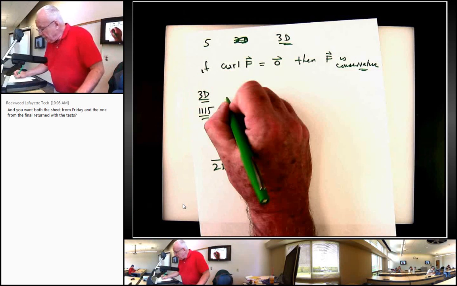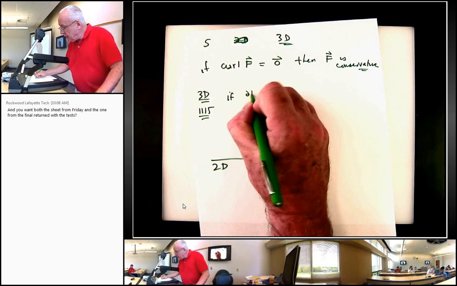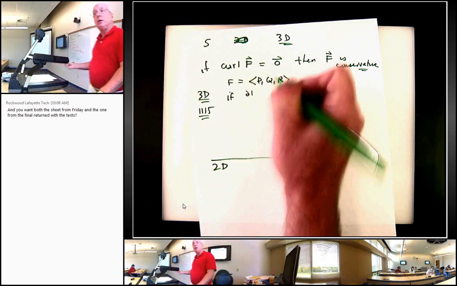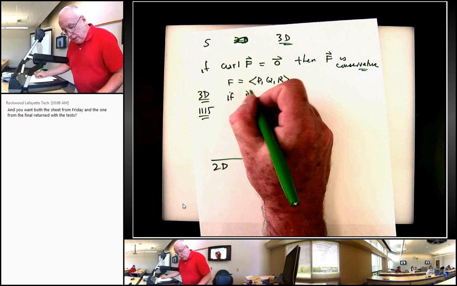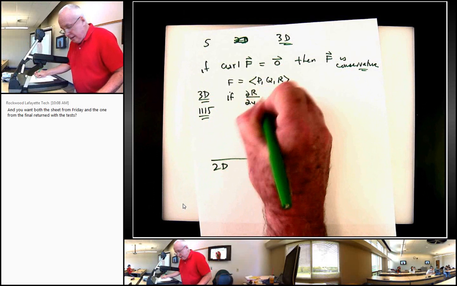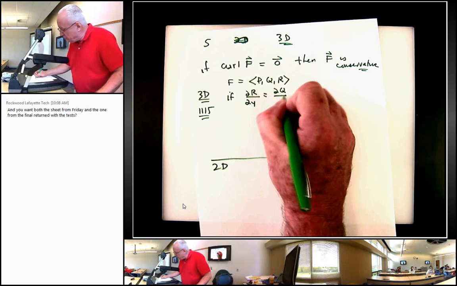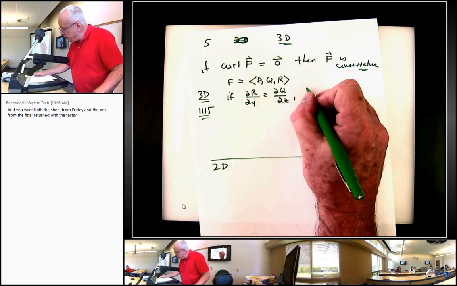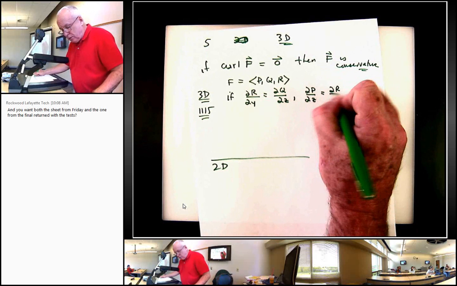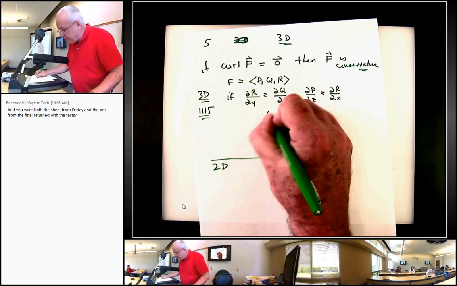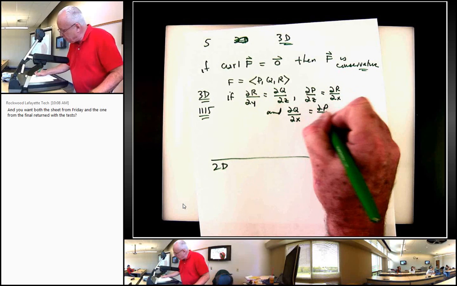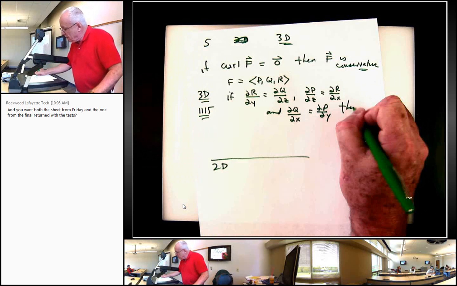If our field is represented as P, Q, and R, the three components of our field, then if the partial of the third one with respect to Y equals the partial of the second one with respect to Z, the partial of the first one with respect to Z equals the partial of the third one with respect to X, and the partial of the second one with respect to X equals the partial of the first one with respect to Y, then it's conservative.